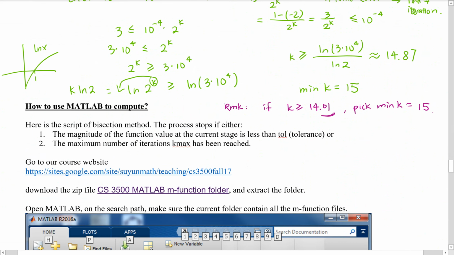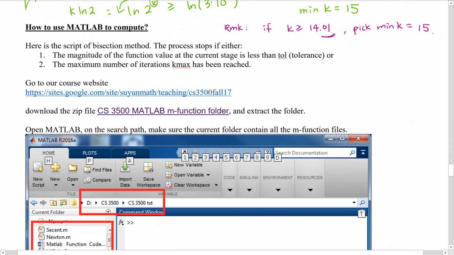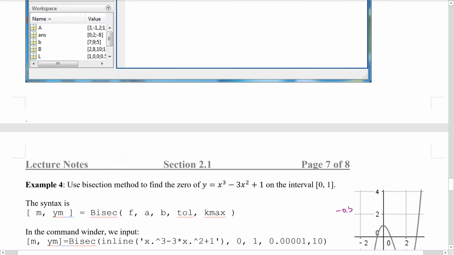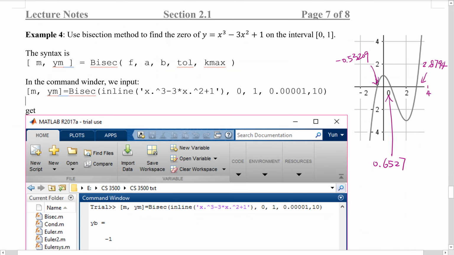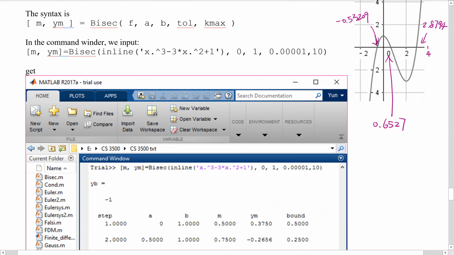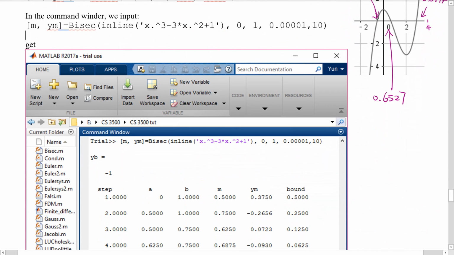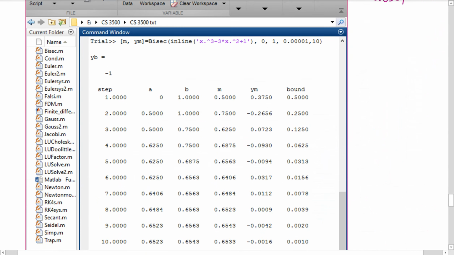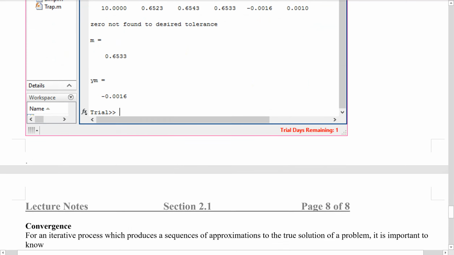You first do it by hand, and then you can use MATLAB or Octave to check your work. You're also required to print screen, so you can use the snipping tool on your computer, capture some screenshots, paste them on your homework, and then turn it in.